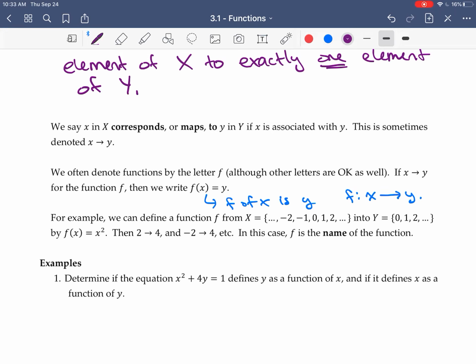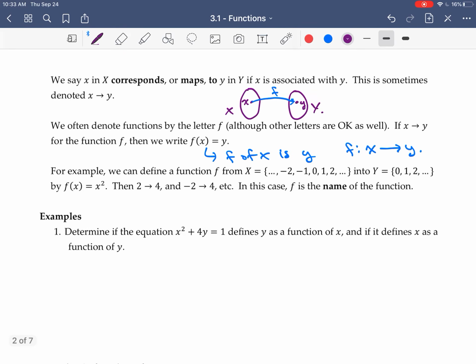If we had the little picture of the mapping, we'd have our X set and our Y set. There would be little x in here, little y in here, and the function f would take x to y. For example, if we had a function from the integers, x is the integers, to y, which is the non-negative integers, now we've given the function as an equation, so f of x equals x squared.